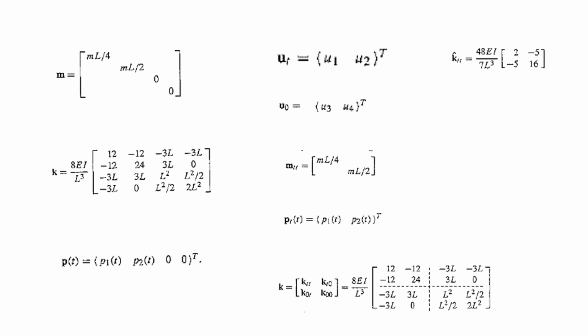Finally, we can determine u0, which is equal to t ut. Now t is given to you as 1 by L, 2, 5, 7. This is what is determined. Thereby we have determined the condensed stiffness matrix, and we can use this in the equation of motion in order to determine the forces associated with ut.